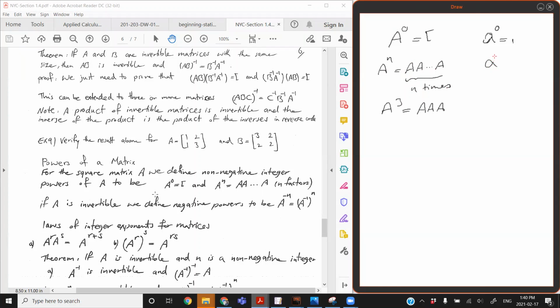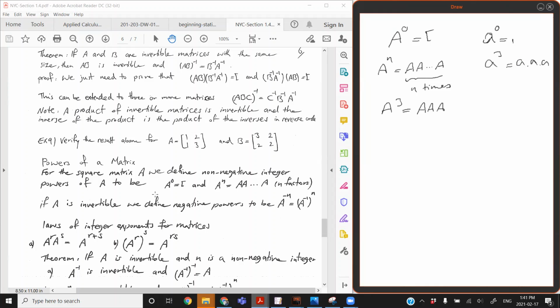So if A is a real number, A to the power of 3 is simply A times A times A. So that's how you define non-negative integer powers. A to the power of 0 is identity. A to the power of n is A times itself n times.